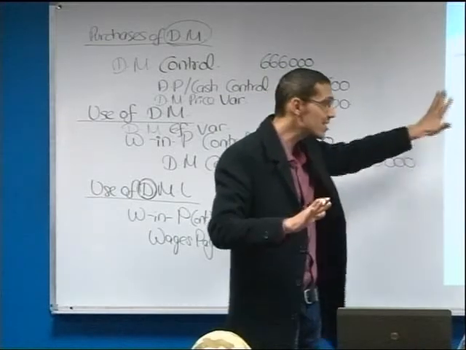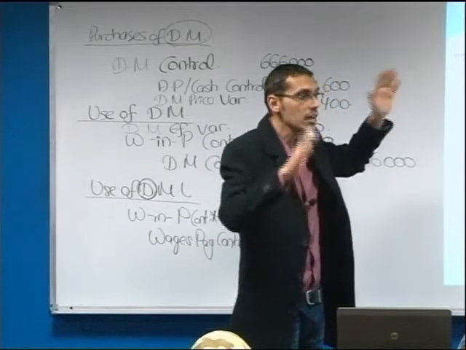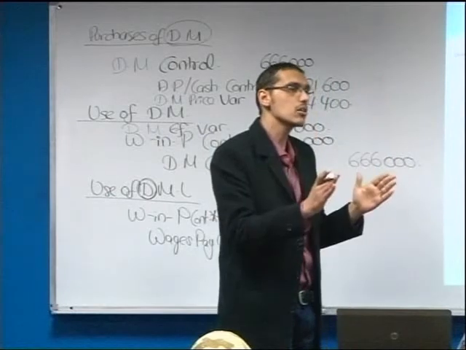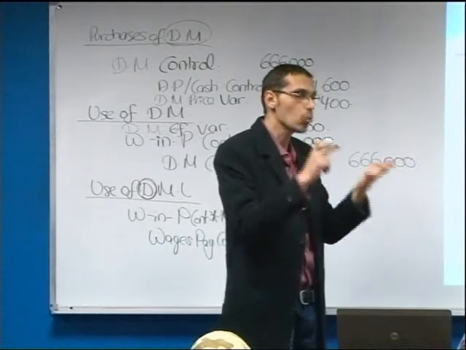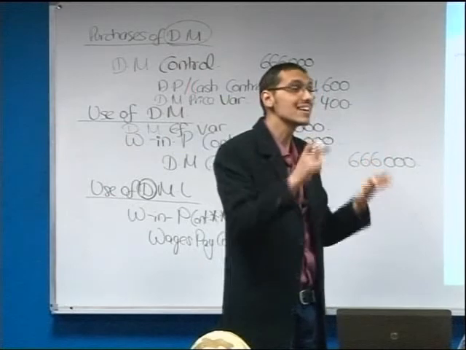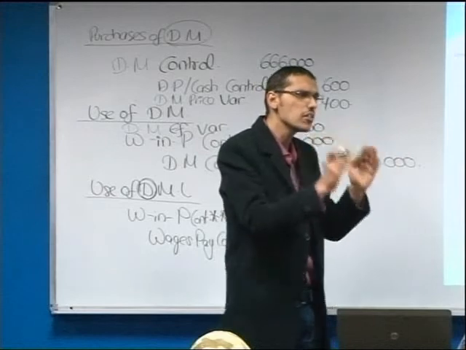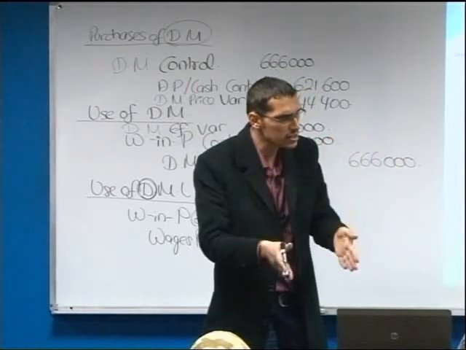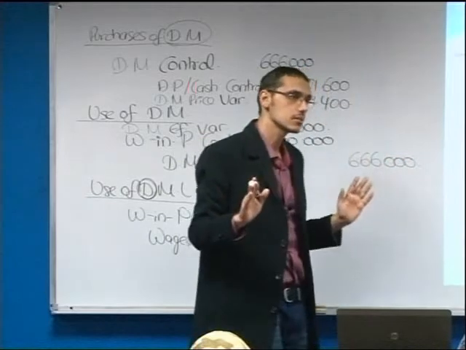But according to our example, they assumed that we would not have any beginning or ending work in process, beginning or ending direct materials, beginning or ending finished goods. This means that all the direct materials purchased within this period would be used in the manufacturing process.